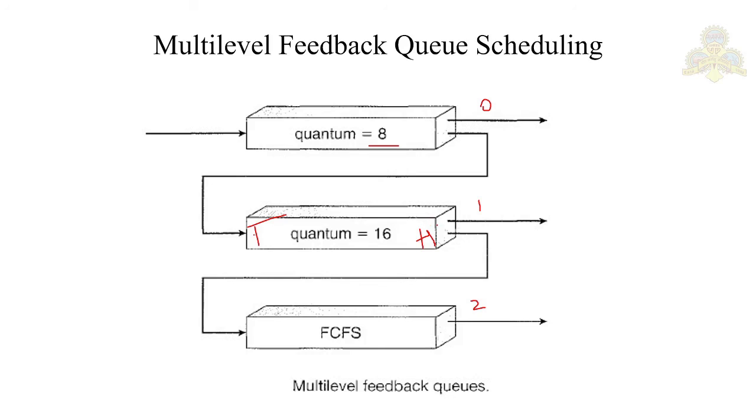Suppose it finishes its task, then it would be terminated and moved out of the ready queue. Suppose even after providing 16 milliseconds, the process has not finished its execution. At that time, the particular process will be removed from Q1 and moved to Q2.